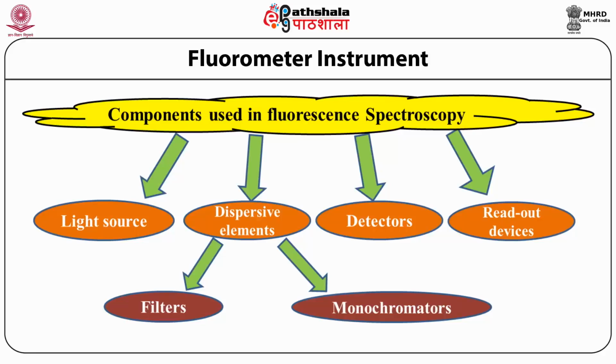It is used to excite the molecule to higher excited state, from which they will lose their energy in the form of fluorescence. Generally, the source must be more intense than that required for UV visible absorption spectroscopy. The magnitude of the radiation emitted is directly proportional to the power of sources.